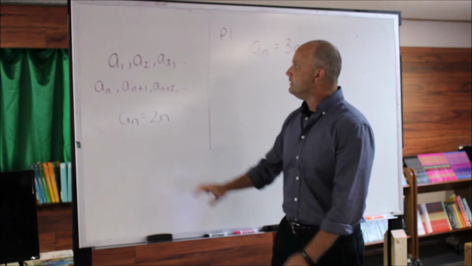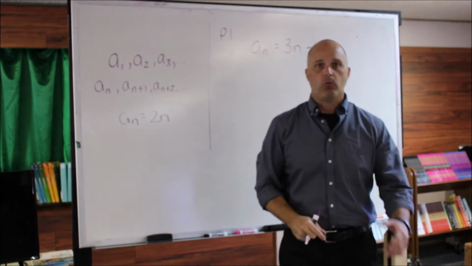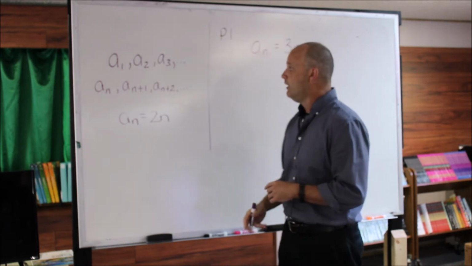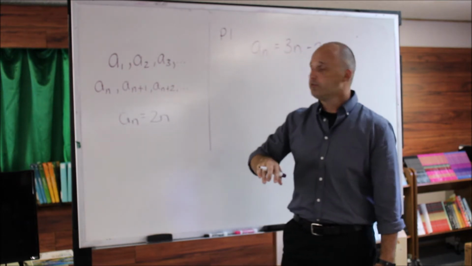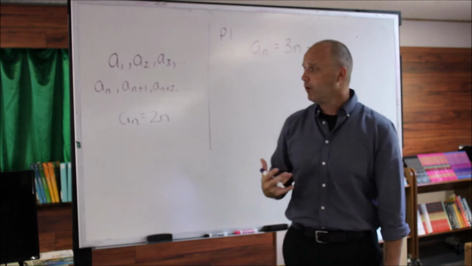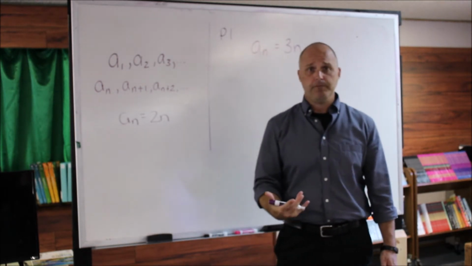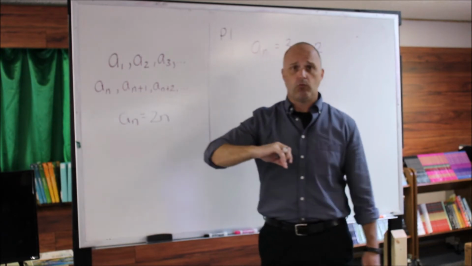Now, the number that goes right here tells you the position in that particular sequence. Instead of writing 1, 2, and 3 for the term of the sequence, we can also write it as a sub n plus 1, and a sub n plus 2. What this tells you is that if this is, say, term 0, then we go 0 plus 1, and that would be term 1.